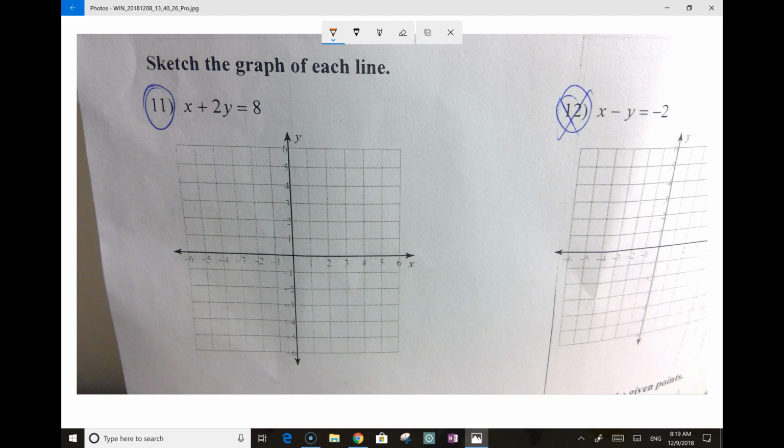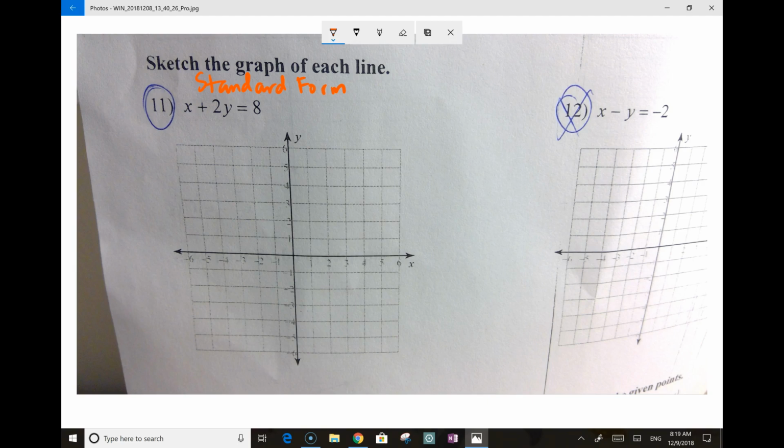It could be either slope-intercept, point-slope form, or standard form. This one happens to be standard form. It is possible to graph from standard form. You would have to get what are called the x and y intercepts in order to do that.